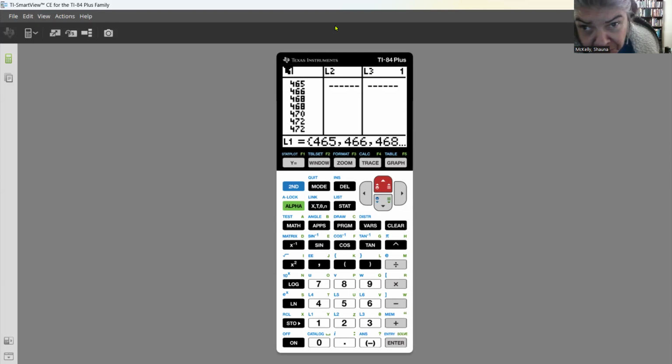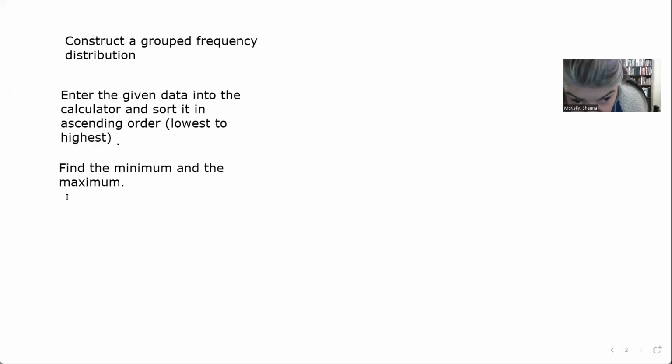So here, 465 and 514. So my highest value, or my maximum, is 514. My lowest is 465. Okay.